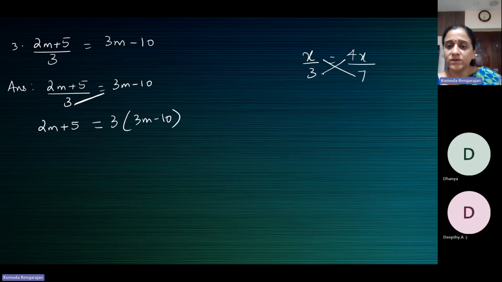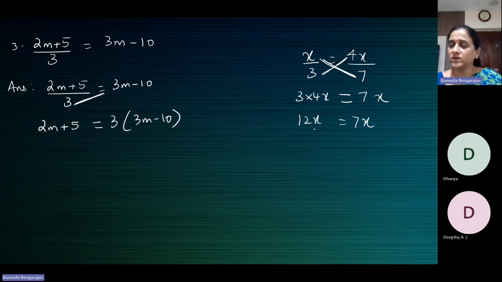We say 3 into 4x is equal to x into 7, or 7 into x, because we know multiplication is commutative. So any order. So what do you get here? 3 4s are 12. 12x is equal to 7x.